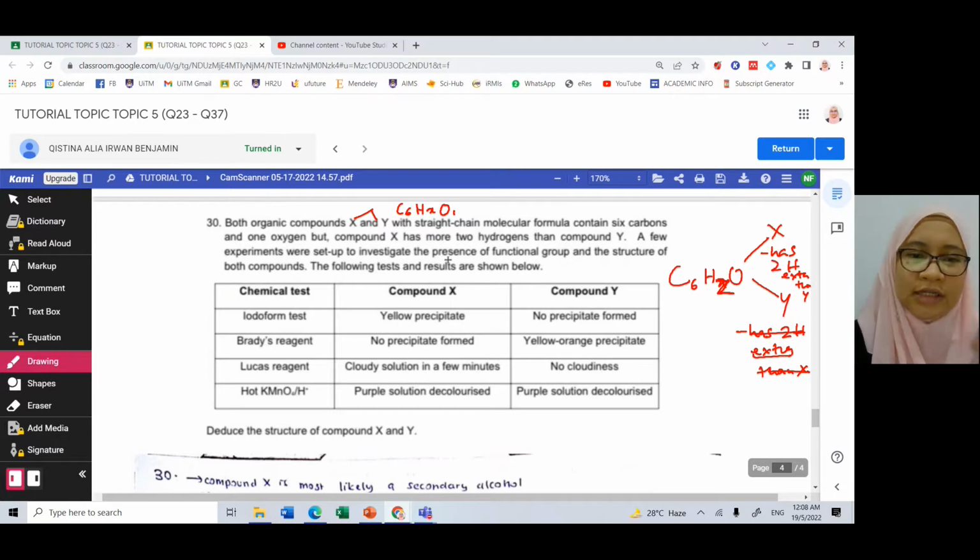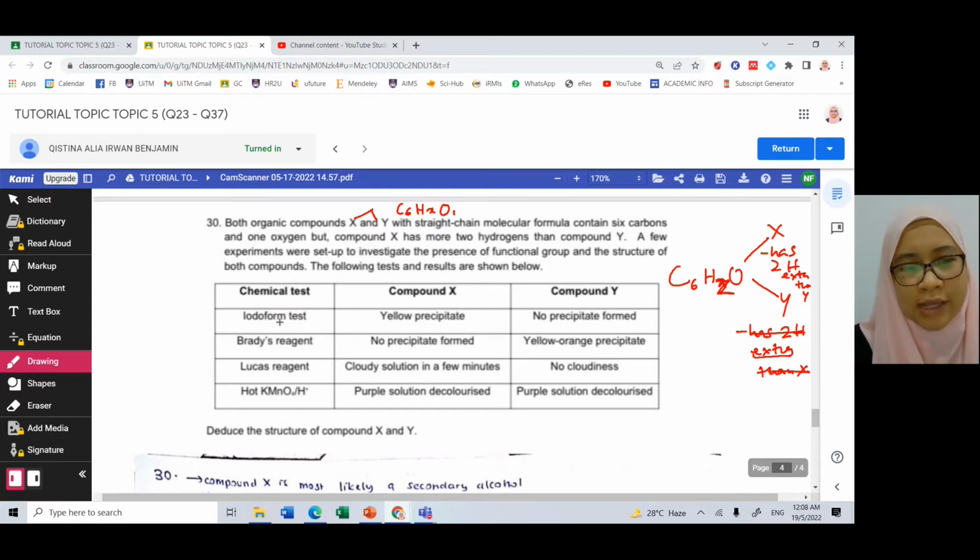So we want to deduce, or predict, the structure of X and Y, given the tests conducted to identify compound X and compound Y. If both compounds are subjected to these 4 tests, these are the observations that we could obtain.